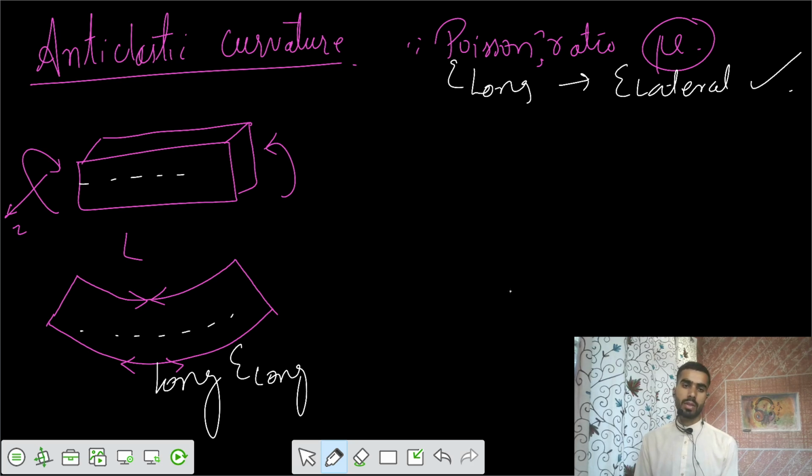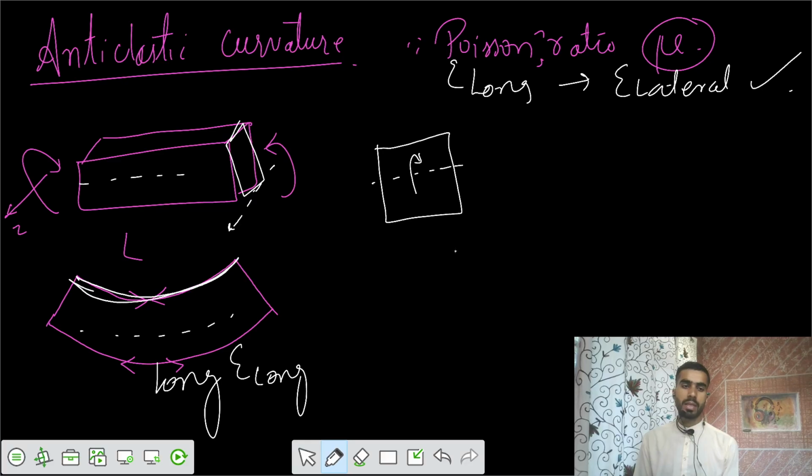If you talk about the lateral strain, let's say this was your beam before. Now you applied a moment in the z direction. Because the beam has got compressed on the top fibers, the lateral side of the beam should get elongated.